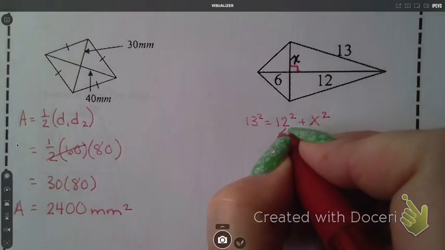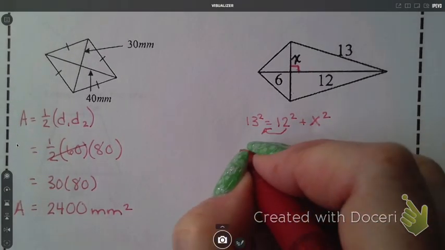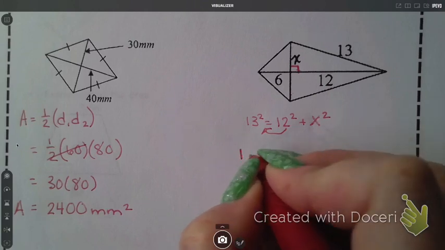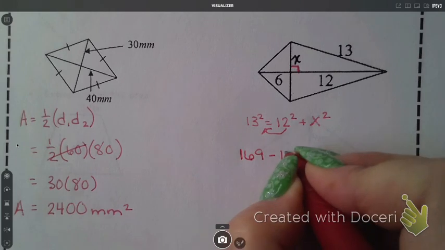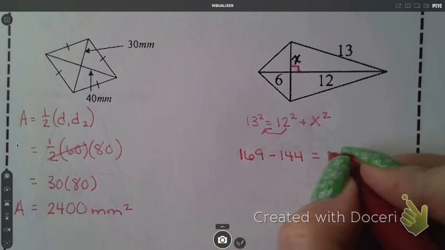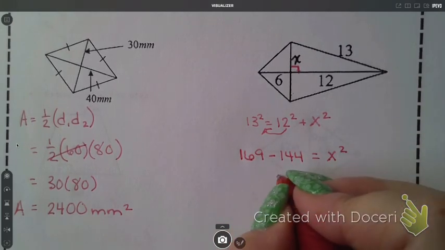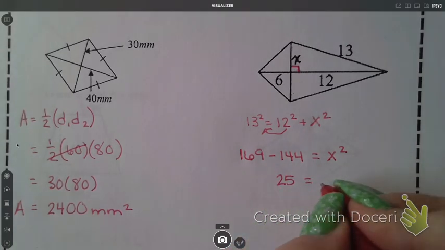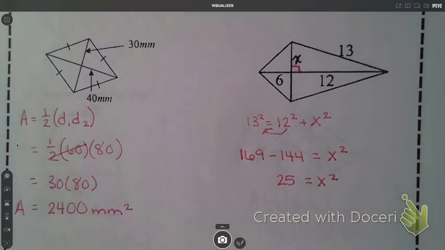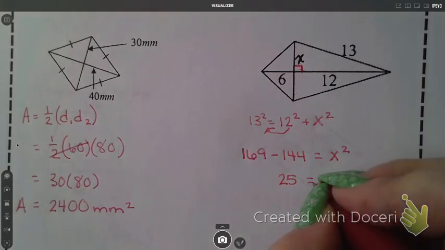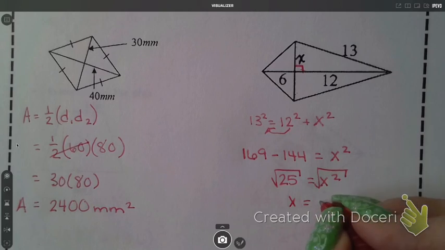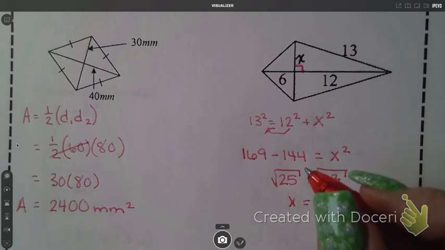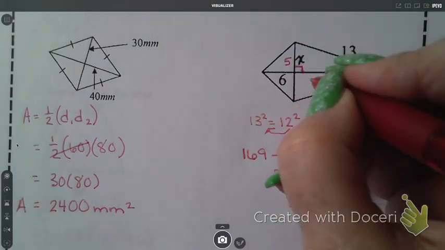And I'm going to subtract 12 squared, right? So what is 13 squared? 169 minus 144 equals x squared. So 25 equals x squared. So what do I do now? Square root both sides. So x is 5. Remember, it's plus or minus 5, but it's only 5 because it's a length, right? So this is 5, and the other side is 5.